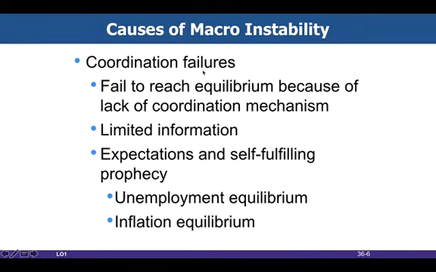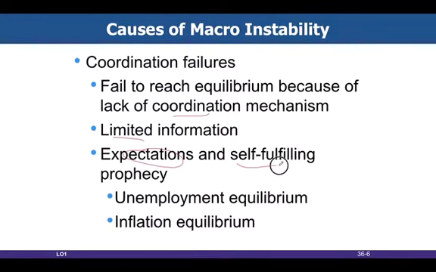So another idea is the coordination failures that can happen. If people are trying to communicate with each other and they can't, right? And by people, I mean everybody in the economy. Then you're going to have some inability to coordinate well based on either limited information or expectations based on the information that you have.